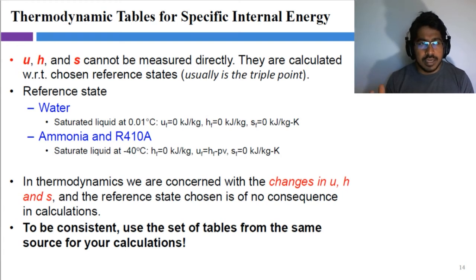Thermodynamics is about using thermal energy to do something useful. So we are not so worried about the individual states, or the absolute internal energy. We have to calculate that in the questions, but what we are trying to find is the difference of internal energy in two states, right?